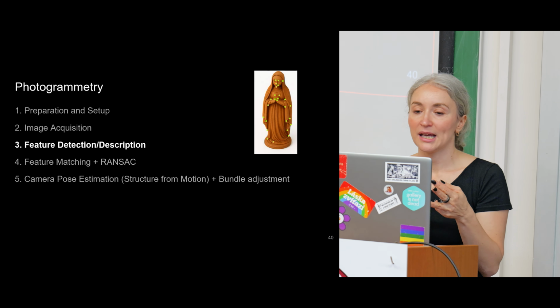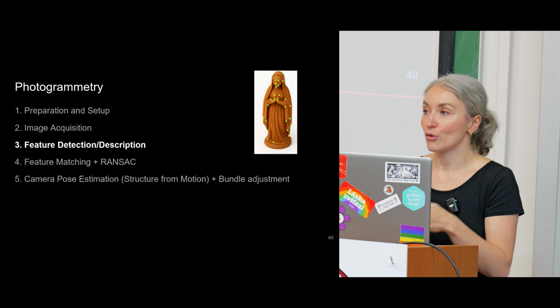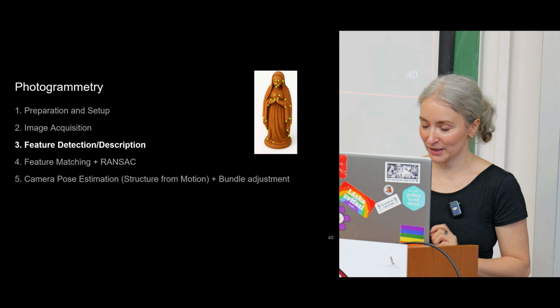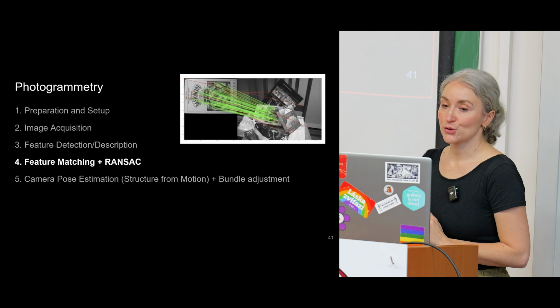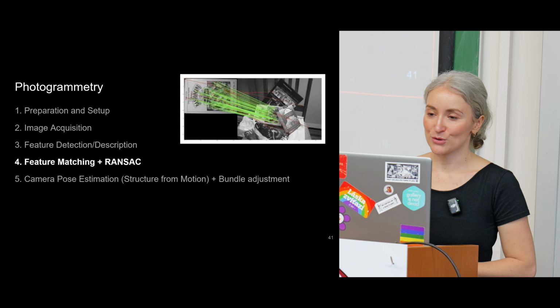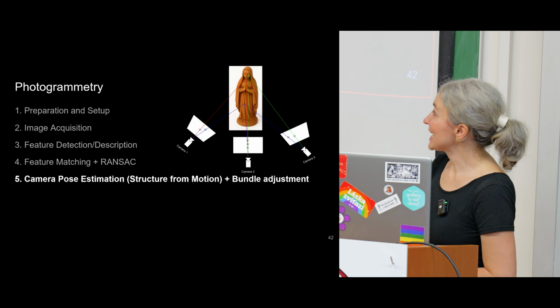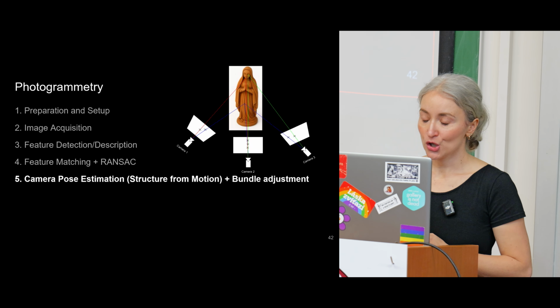There are a lot of them. In neural networks, we have SuperPoint or RoMa features. Also, a lot of methods are used. We can pick one. Then we want to proceed to feature matching. We can once again do some RANSAC here, which was already introduced. And then we will move to the structure from motion.